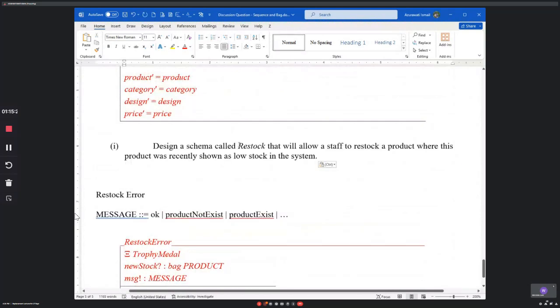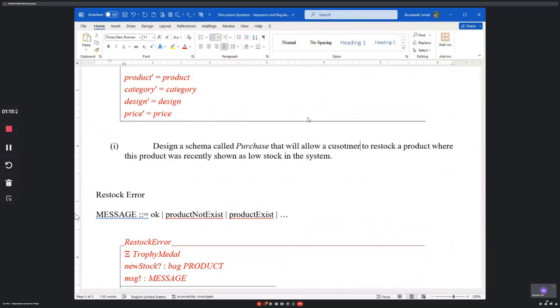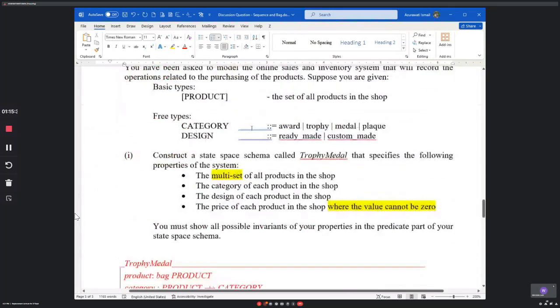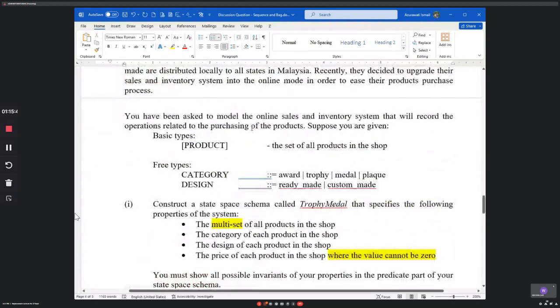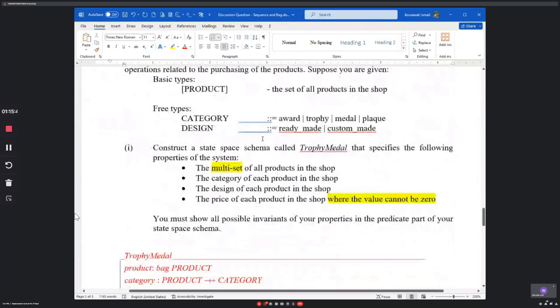Design a schema called purchase. This is where you have to do that. That will allow a customer to purchase, let's say, one product only.